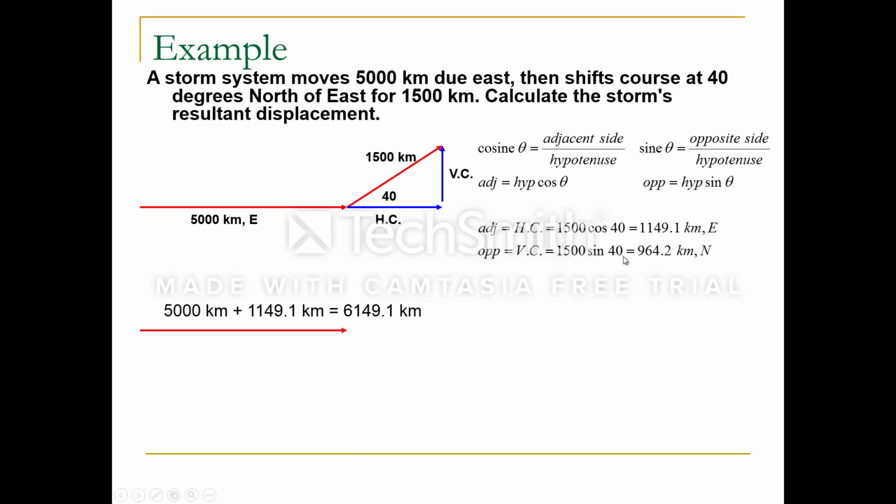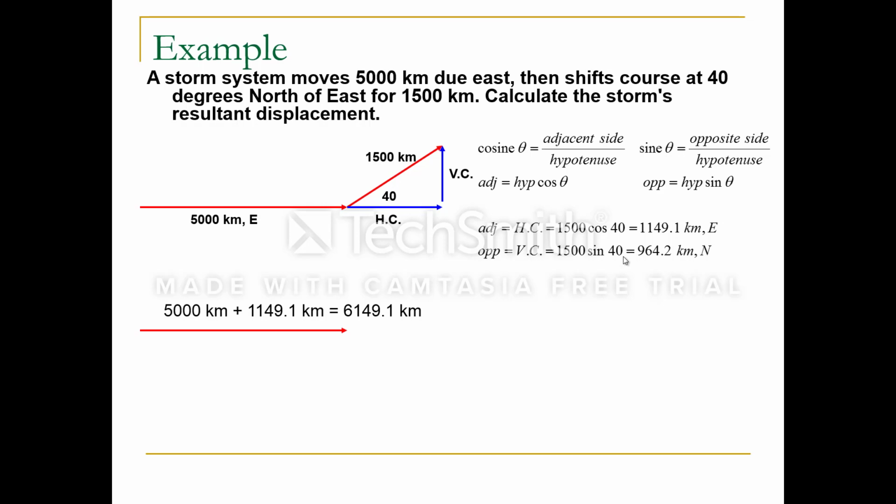But when you look at it, I need to figure out how far in total I moved in the x direction, because when I'm on that 1,500 path, I'm still walking in both the x and y direction. So I'm going to add my 5,000 to that 1,149.1.